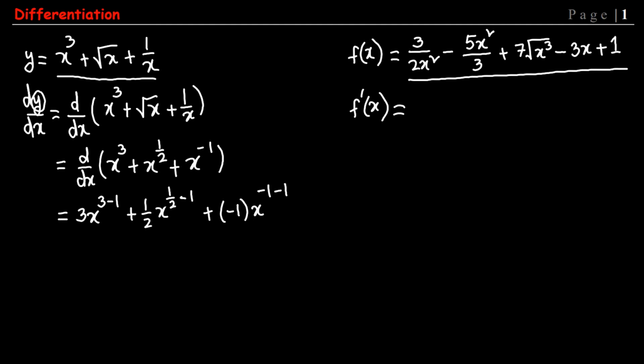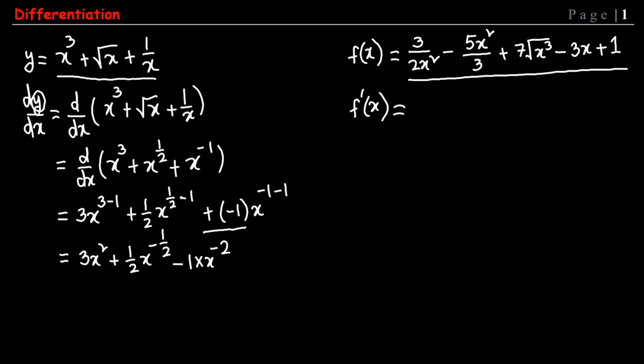So if I simplify it, then it gives us 3x squared plus half x to the power half minus 1, which is minus half, and the last one, plus minus gives us minus 1. From here we got 1 into x to the power minus 2.